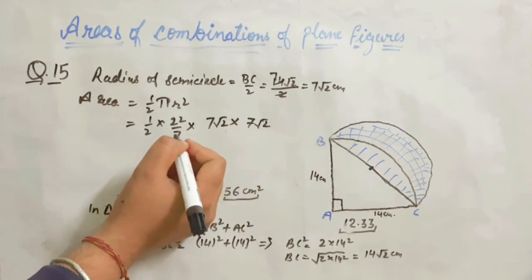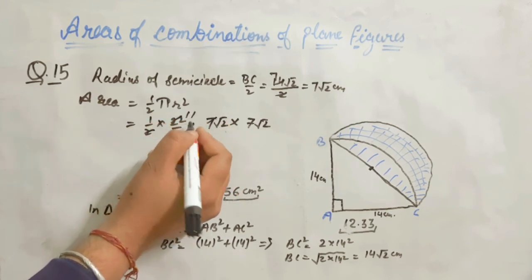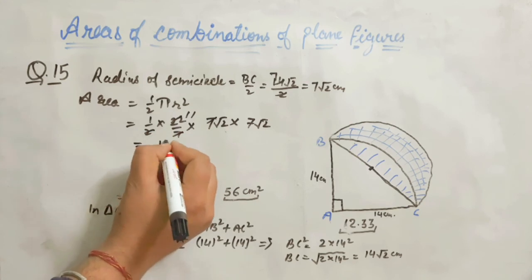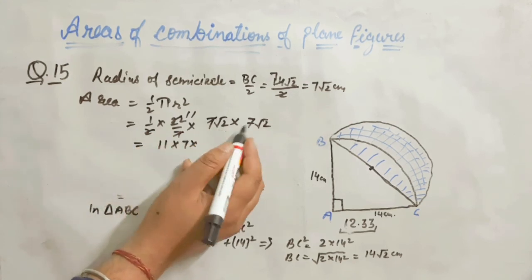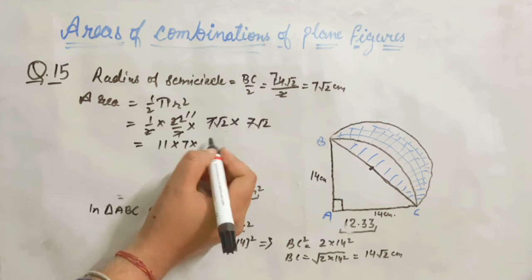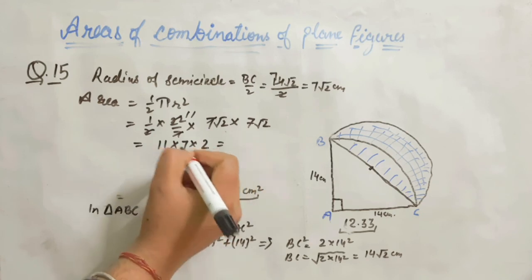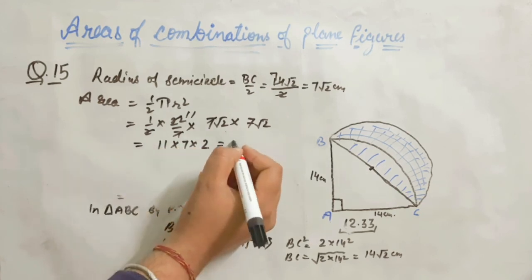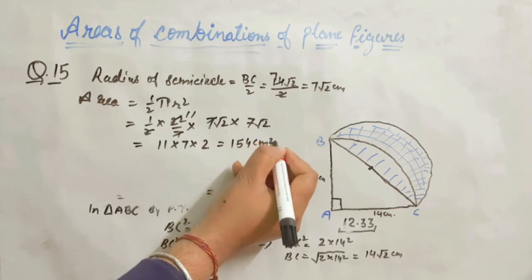So this will be equal to 7 ones are 7, 2 11s are 22, and 11 multiplied by 7 multiplied by 2 2s are 4, and square root of 4 is 2. This is equal to 77 2s are 154 centimeter square.